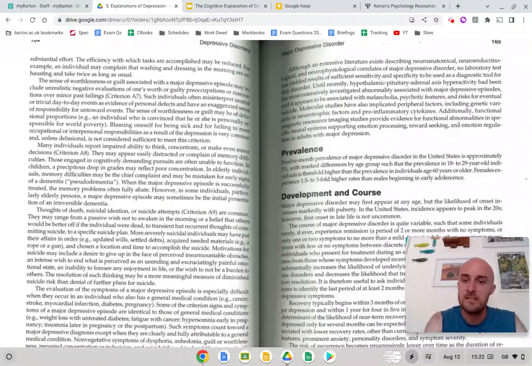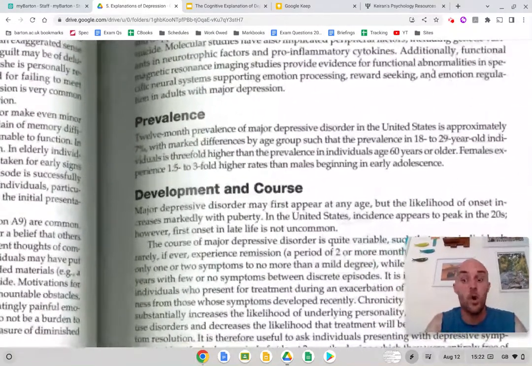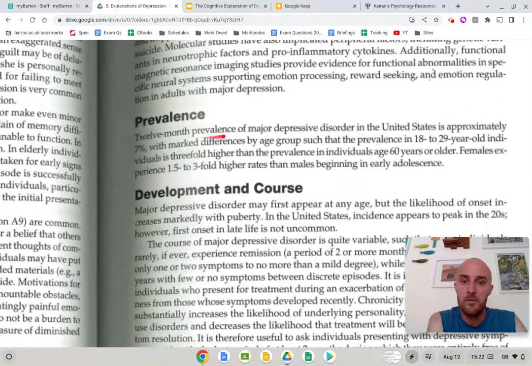There's the prevalence rates. So if we have a look at how common is depression? The 12-month prevalence of depression in the US is around 7%, with marked differences in age group.